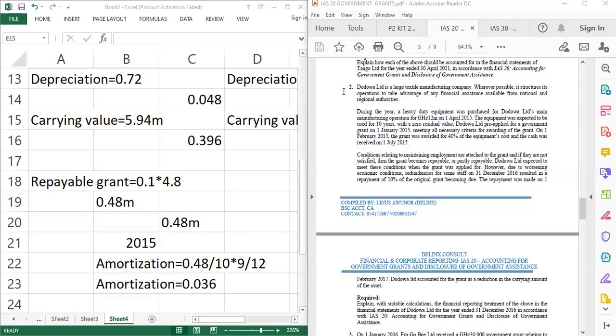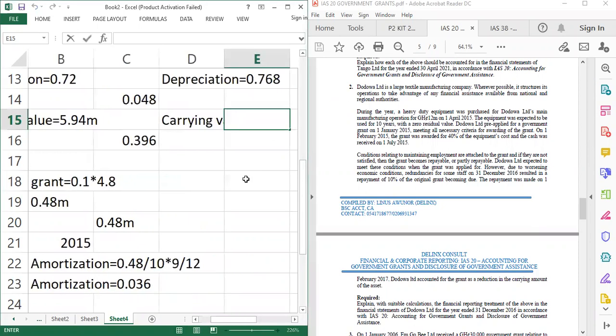No. Amortization of the grant means that if the grant will be for a number of years, you take it as the years go by.